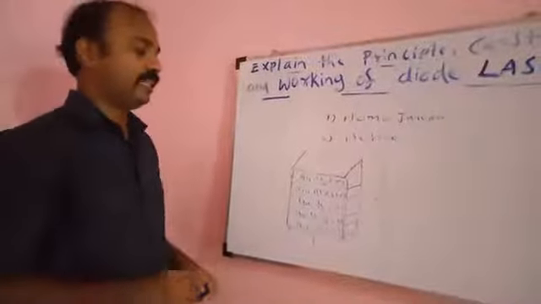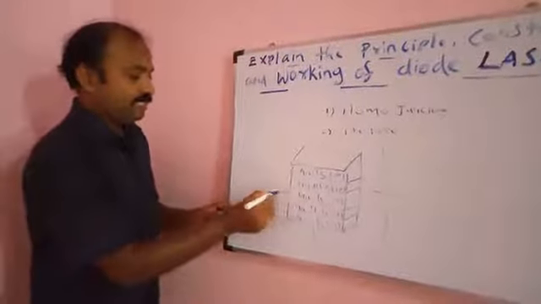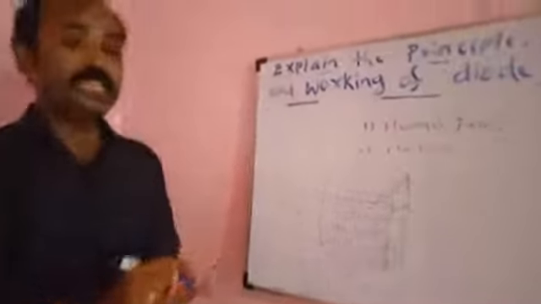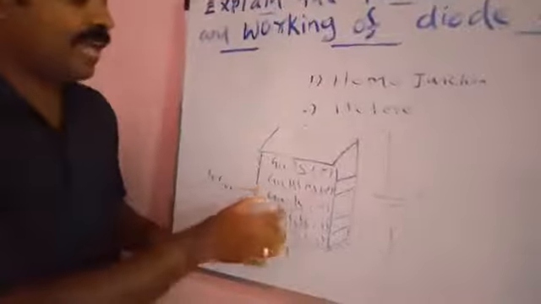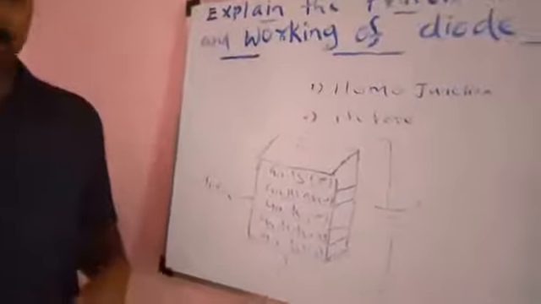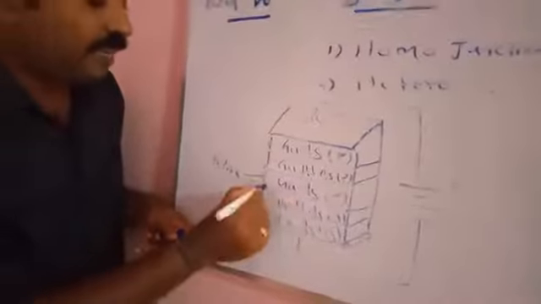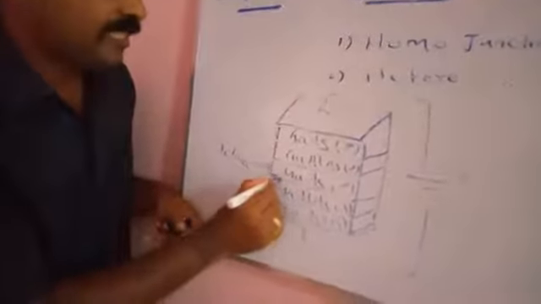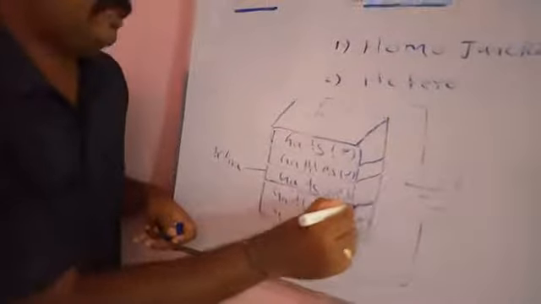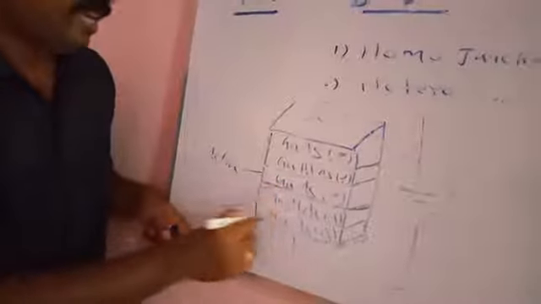Five layers are there. The third layer is the active layer, made of gallium arsenide p-type semiconductor. Then the junction between the third layer and the fourth layer acts as a depletion layer. From this the laser light comes out.